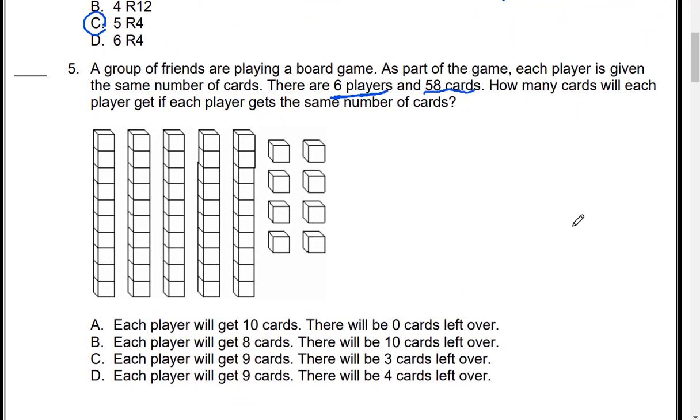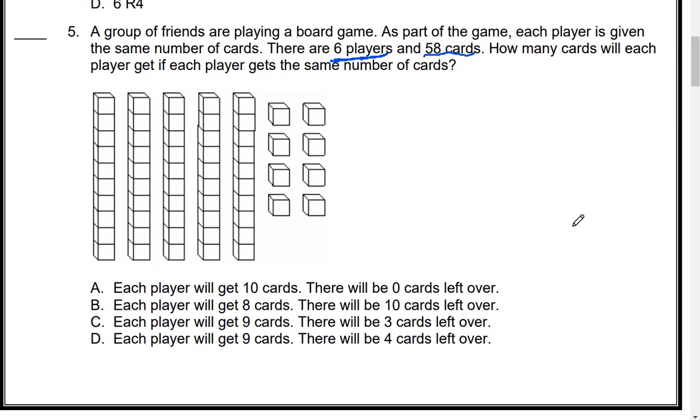So you can use a picture or you can use the division algorithm, because we are going to divide 58 by 6. I prefer the algorithm. And what about you? Do you want the algorithm or the picture? Picture.